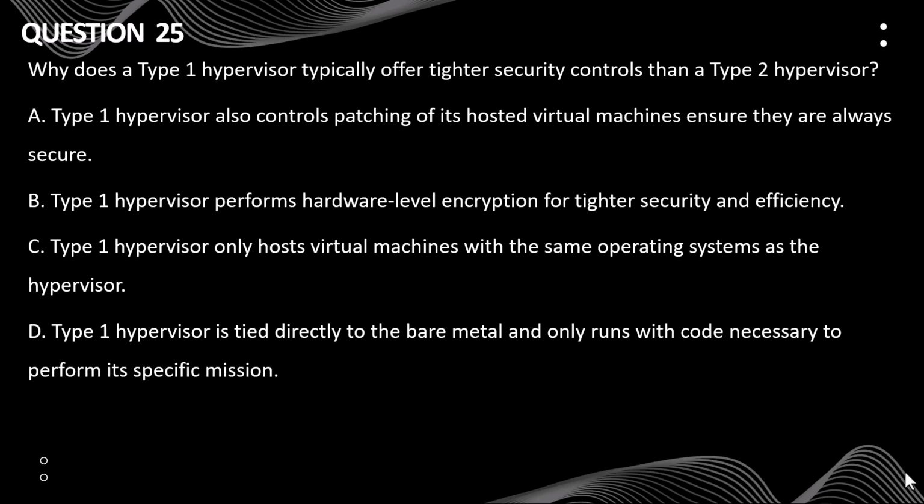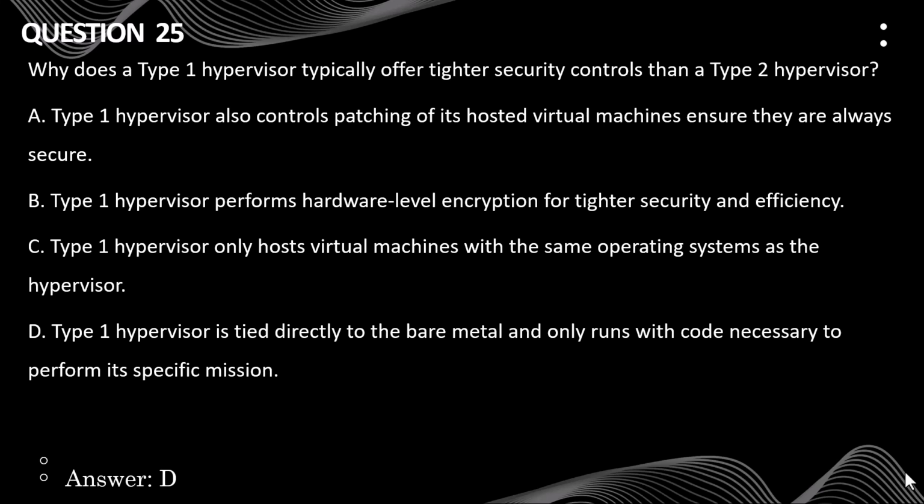C. Type 1 hypervisor only hosts virtual machines with the same operating system as the hypervisor. D. Type 1 hypervisor is tied directly to the bare metal and only runs with code necessary to perform its specific mission. The answer here will be option D.